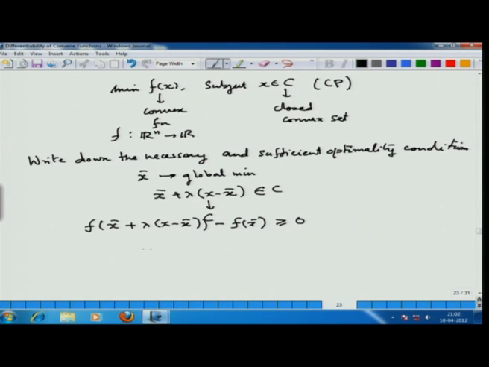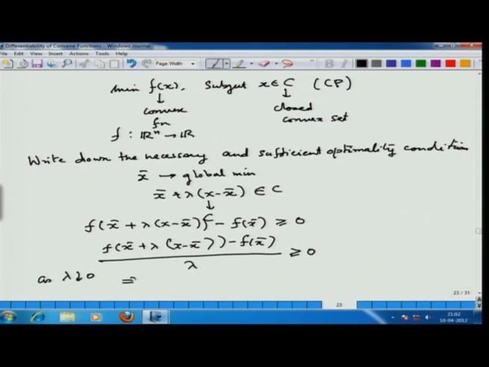Now, I can divide by lambda. Now, if I take the limit as lambda tends to 0, this would imply f dash x bar of (x minus x bar) is greater than or equal to 0 for all x. Basically, this is true for any arbitrary x.